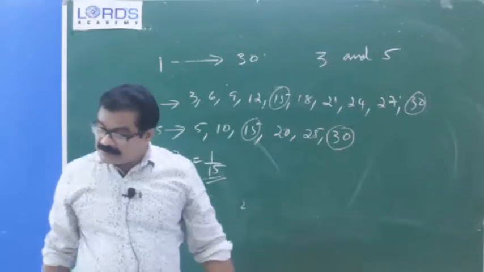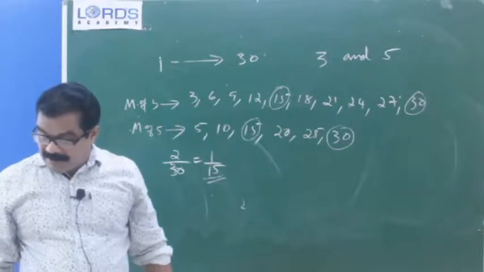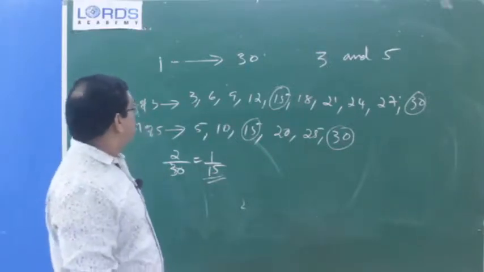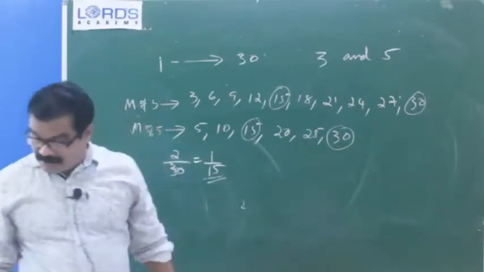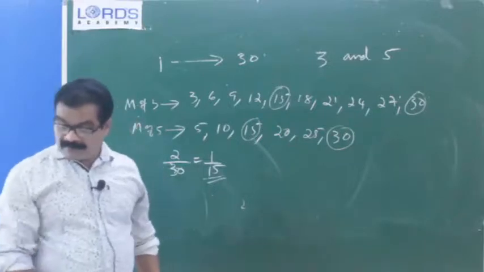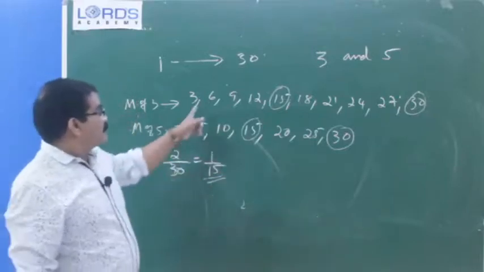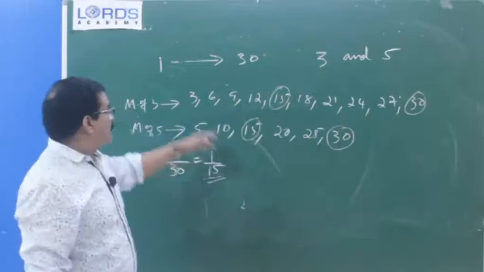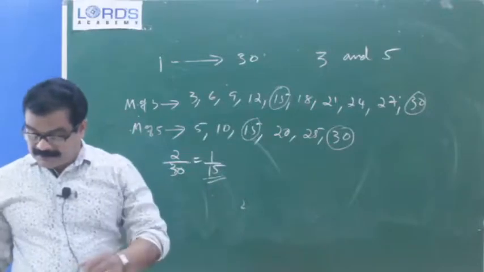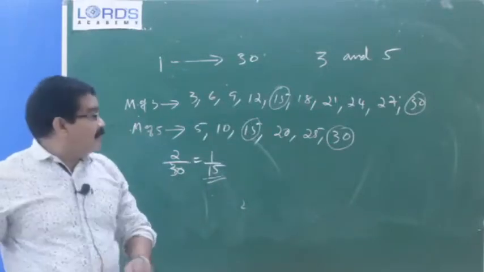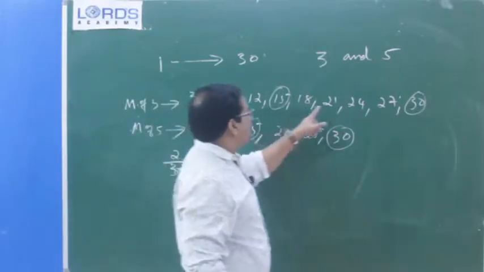Then you find the multiples of 3 or 5. How many of them can you find? Multiples of 3: 1, 2, 3, 4, 5, 6, 7, 8, 9, 10.